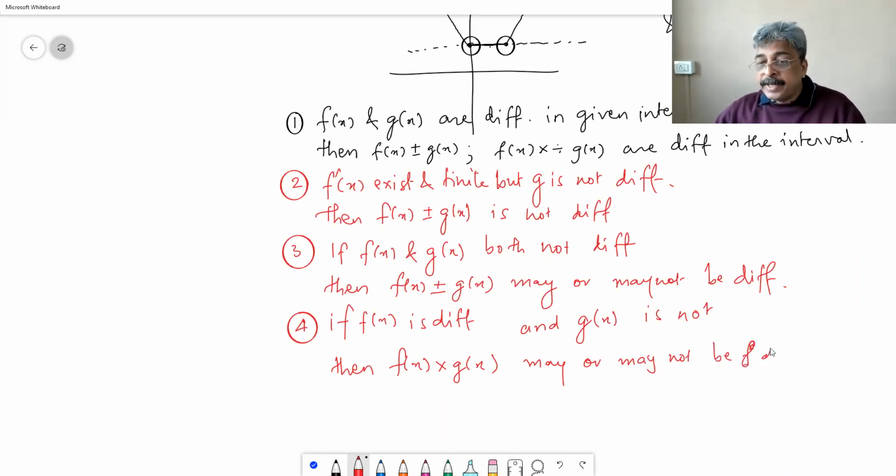So you have to give merit to the function which is given and answer your questions. In general, if both are differentiable, then yes. Otherwise, you have to be careful. So there are plenty of problems which talk about differentiability, etc. So let me give you one more.